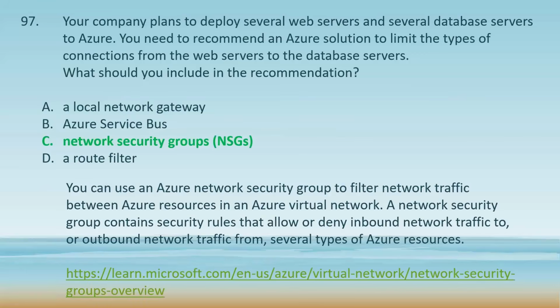You can use an Azure network security group to filter network traffic between Azure resources in an Azure virtual network. A network security group contains security rules that allow or deny inbound network traffic to or outbound network traffic from several types of Azure resources, which is something a firewall does for us in a traditional on-premise environment. So the correct answer in this case is option C, network security group.